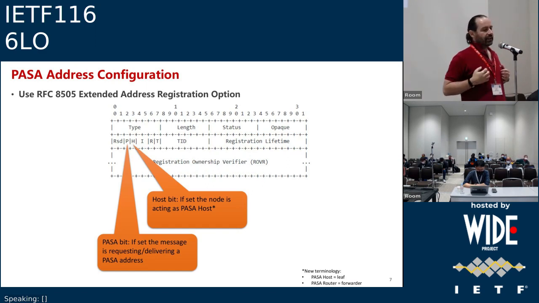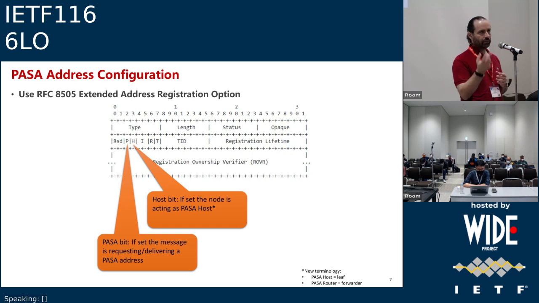Now, for the address configuration, we shifted it a little bit, and now we are using RFC 8505, the extended address registration option. Usually you check where you can register, then you register your link-local address. Now, there are a few reserved bits in that packet. The idea is to use 2 of them. One is the PASA bit and the other is the host bit, because if you remember, the nodes in a PASA domain have 2 roles.